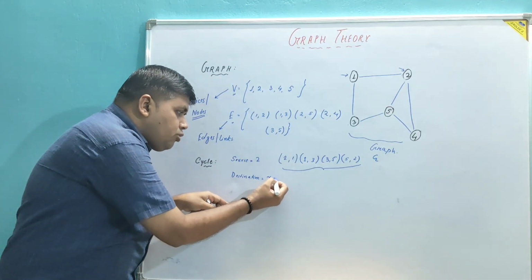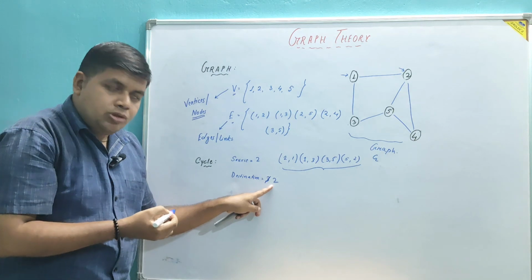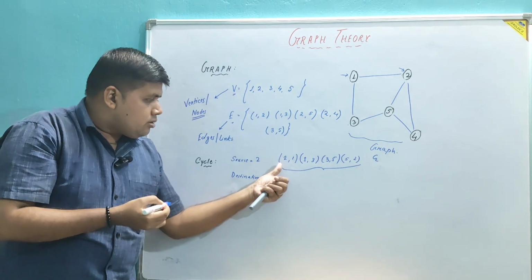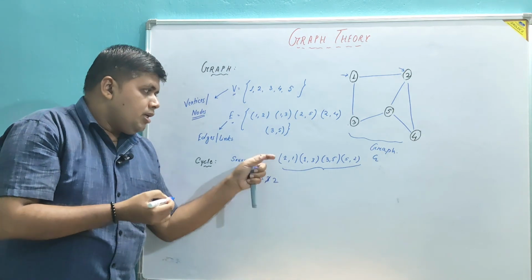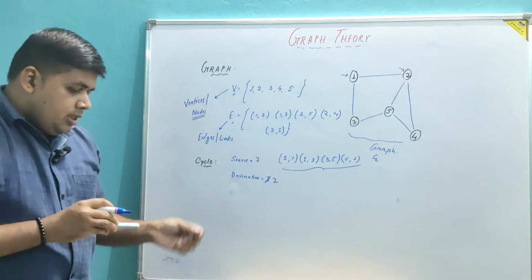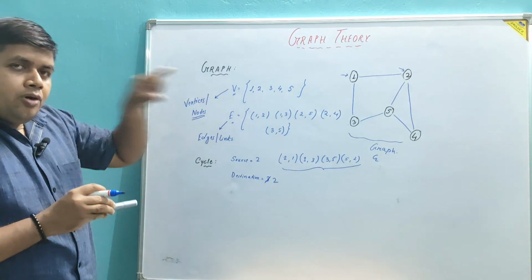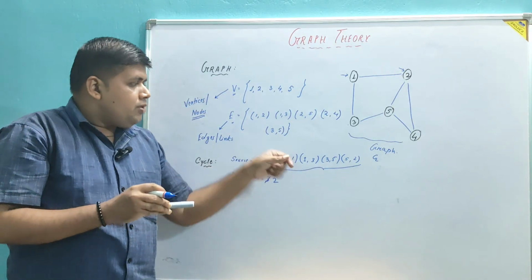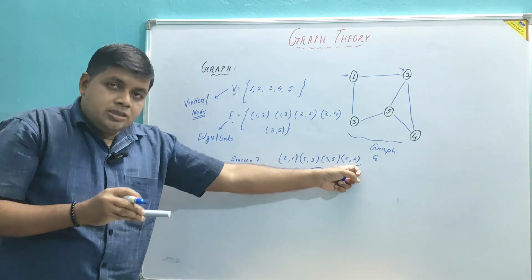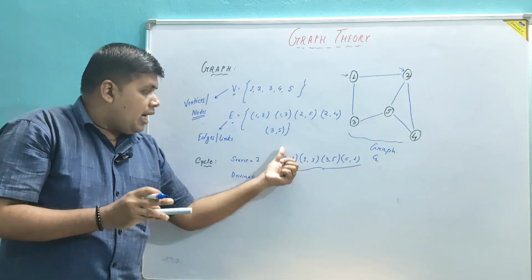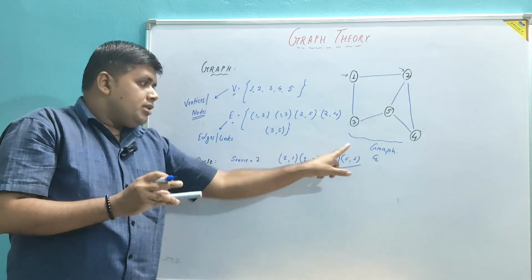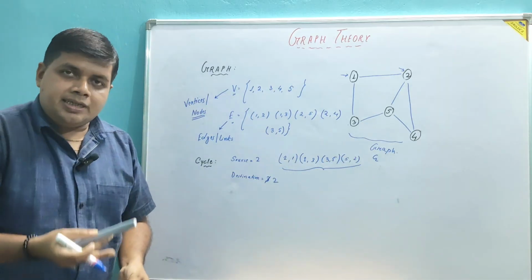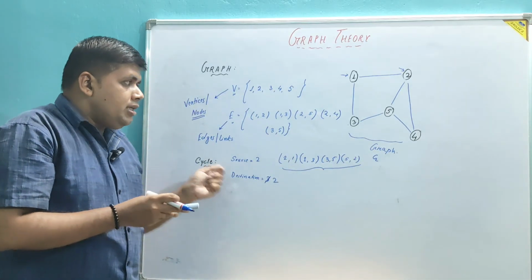But if you put 2 here, in that case the source and destination are the same. In other words, a graph will contain a cycle if there is a path in which the starting vertex is the same as the ending vertex. So in that case, it is called a cycle.